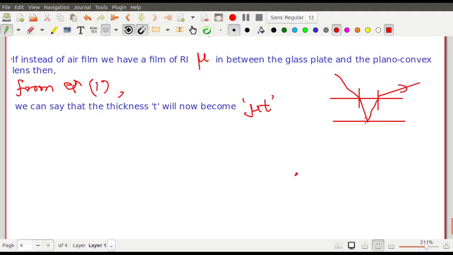I have said that in going from point P to Q, if a part of the ray travels in a refractive index of mu, then that part is to be multiplied with mu in order to get the optical path. That is what we have already understood in our previous classes.